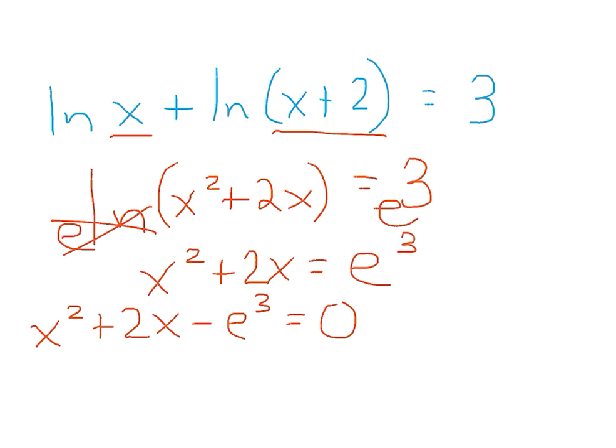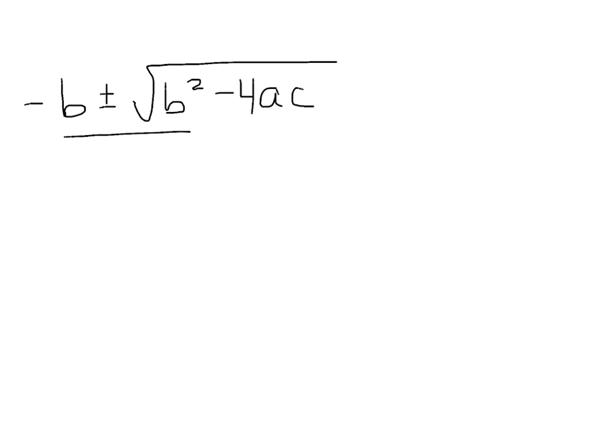It starts with a Q. Quadratic formula. The quadratic formula is negative b plus or minus the square root of b squared minus 4ac all over 2a. You might want to have that on your note card just to remind you, in case you need it. I don't know if you will, but in case.